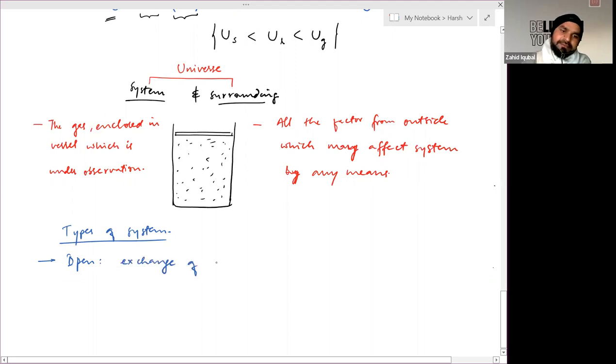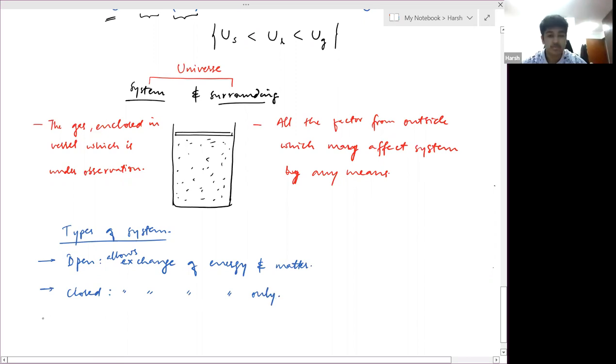Second is closed system, which allows exchange of energy only, no matter.